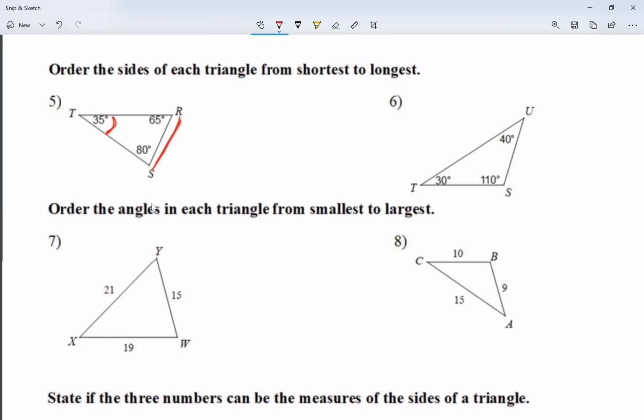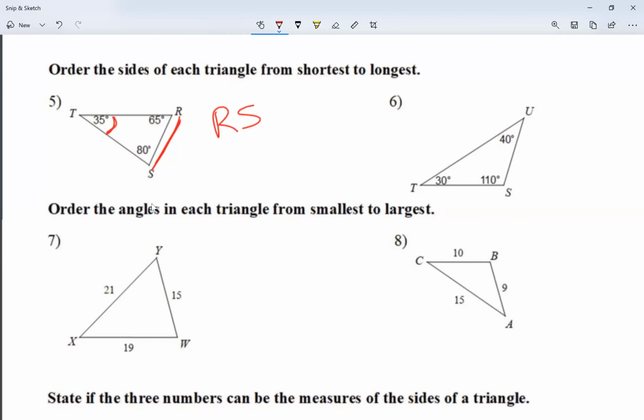I remember at the beginning of the semester, I showed you how to name angles and how to name sides. Now the side uses two letters. Usually we put a little line segment on top of it, and I use both letters. Notice how that segment goes from S to R, or you can say it goes from R to S. I'm going to call it RS.